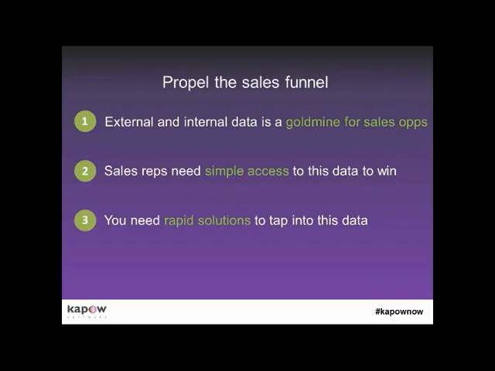And we know that internal and external data is just so important for salespeople these days, whether it's for lead generation, prospecting, or just to provide a solution or identify new opportunities. All that data is important, and there's just too much for humans to organize and sift through themselves. So we really do think that in order for sales processes to be effective and for sales teams to really be lucrative, in this day and age, you should automate as much as possible. And Kapow is a perfect solution for that.